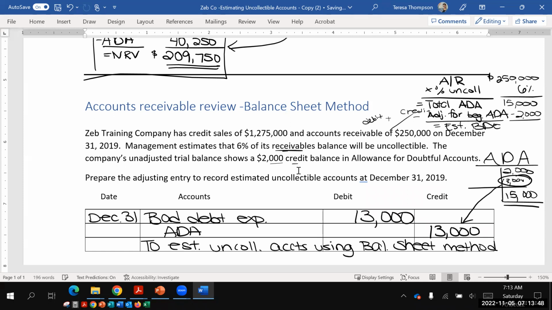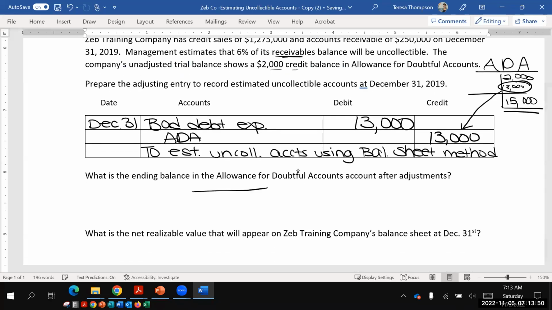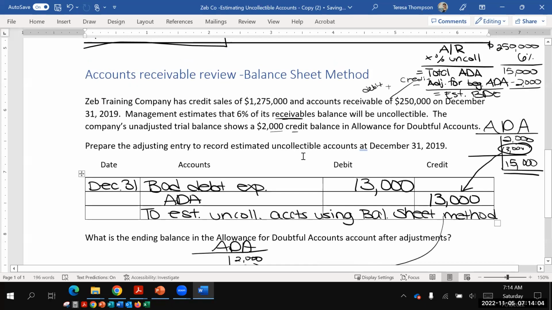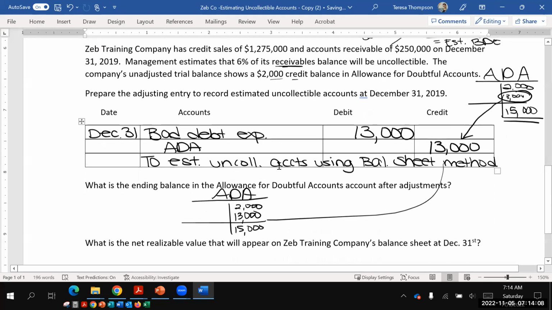On to the next part. What's your ending balance in ADA? We already did that, but we can do it again. 13,000 was our adjustment. We had 2 in there. So our ending is the 15 that we were supposed to end with, according to the percent of receivables method.